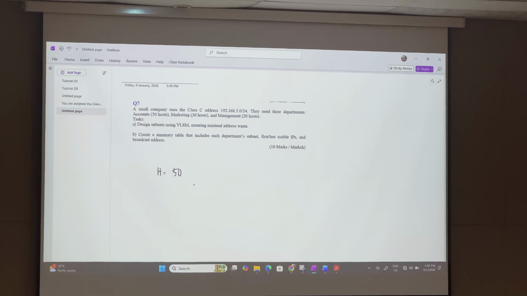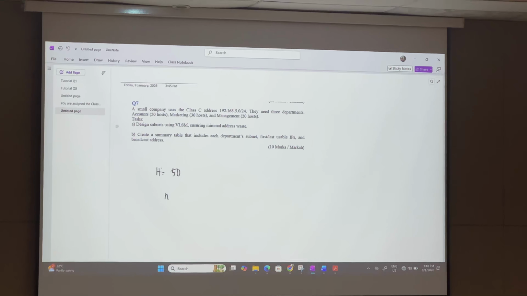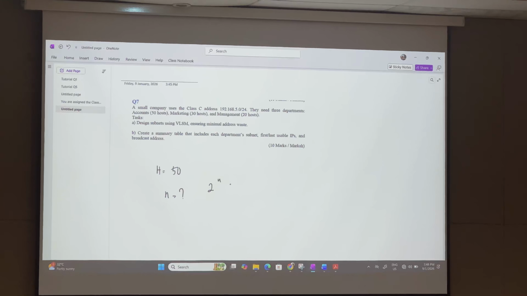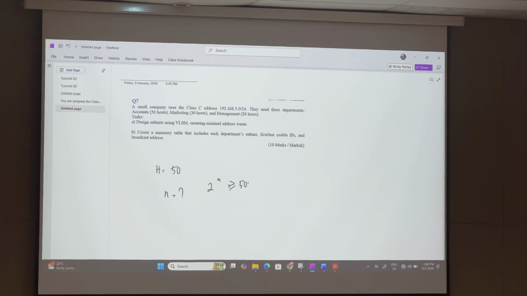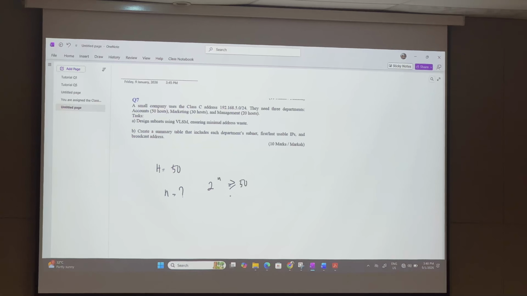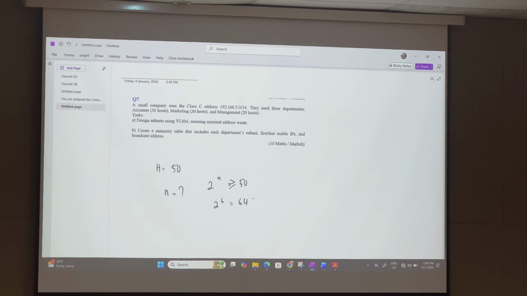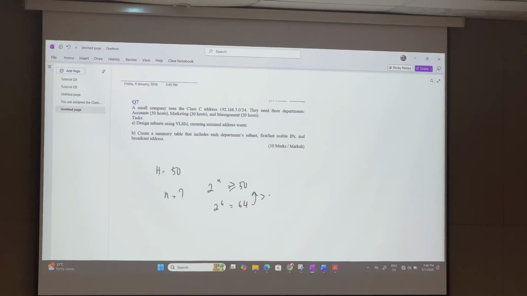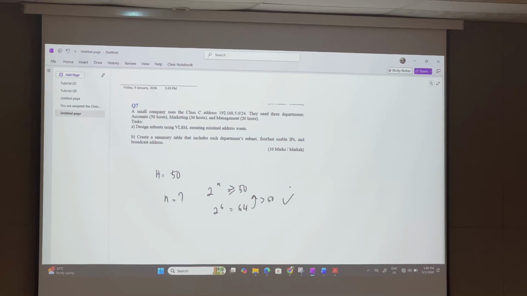Find the n value. So 2 power of n, which one will give at least or more than 50? 2 power of 6 is 64, which is greater than 50. So this is correct. Done one hurdle.